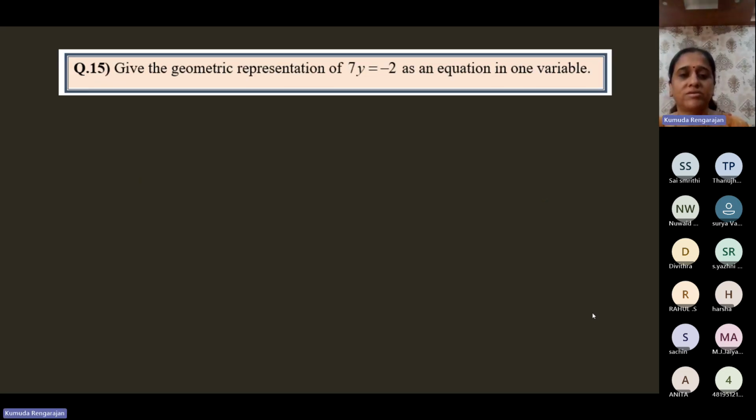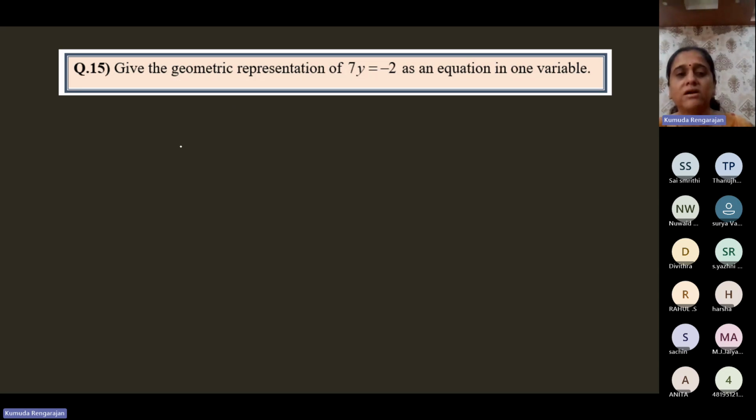Give the geometric representation of 7y is equal to minus 2 as an equation in one variable. This is an equation in one variable, and they want you to treat it as an equation in one variable, not an equation in two variables.